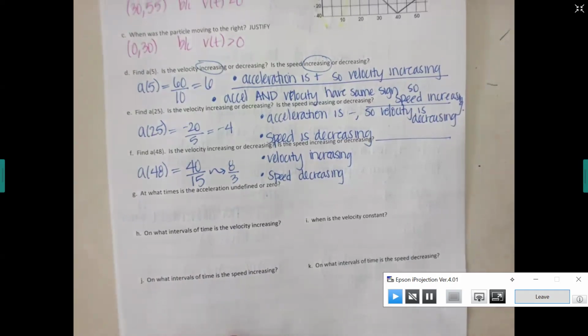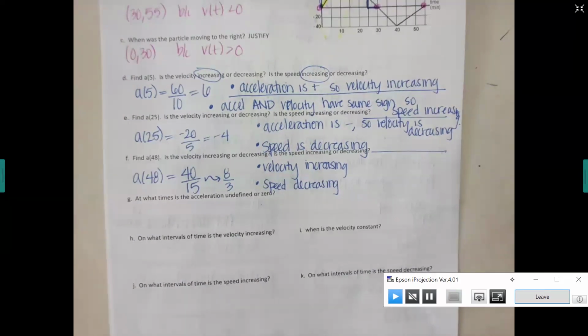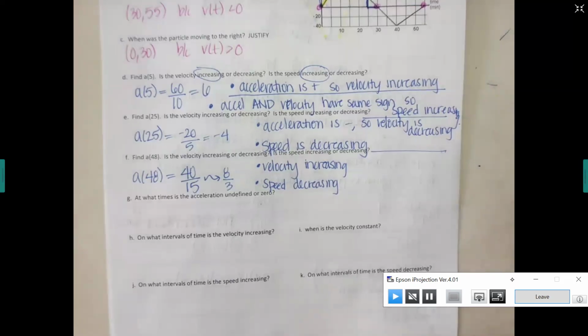Why would that mean that the velocity is increasing? Remember that an increasing velocity, if your velocity is negative, I don't know if you remember from the notes last time, but listen to these velocities. Let's say I'm going negative 20 miles per hour, negative 15. What are those numbers doing?